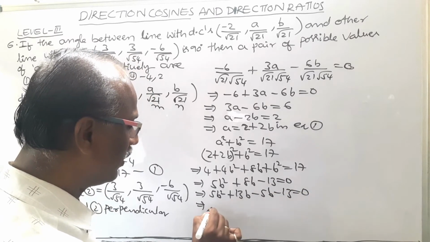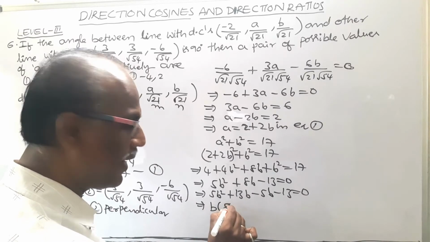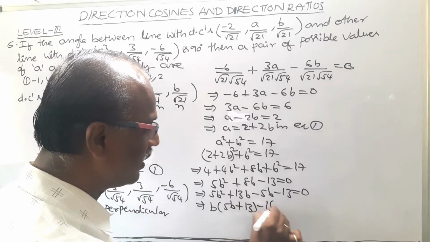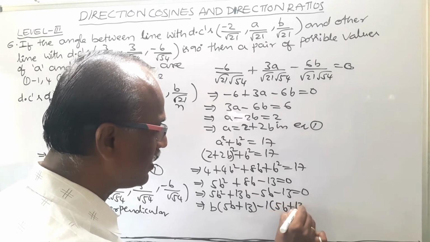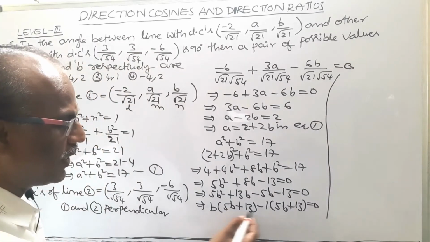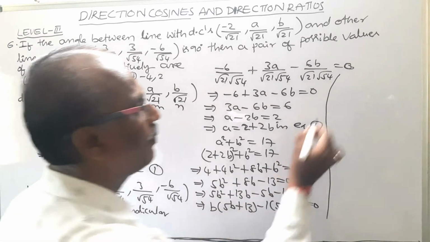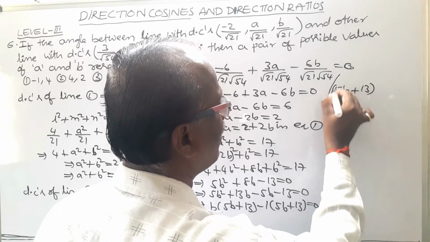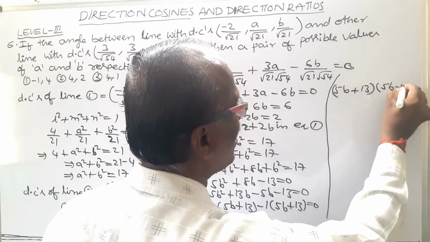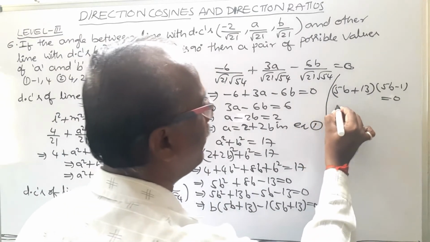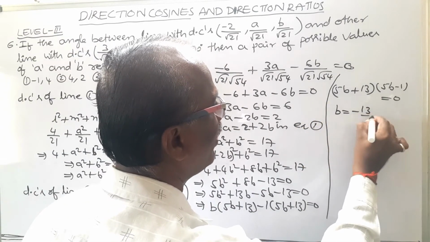Here B is common in the first two terms, and minus 1 is common in the last two, so 5B plus 13 is common. (5B plus 13)(B minus 1) equal to 0. So 5B plus 13 equal to 0 gives B equal to minus 13 by 5.